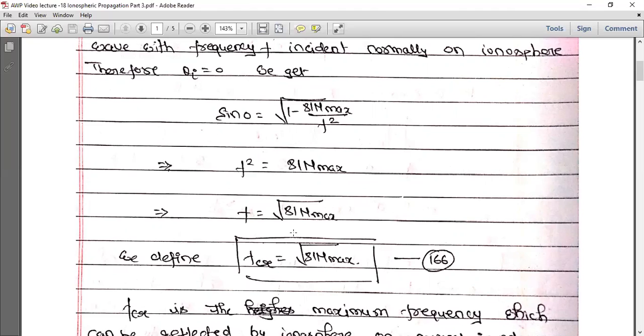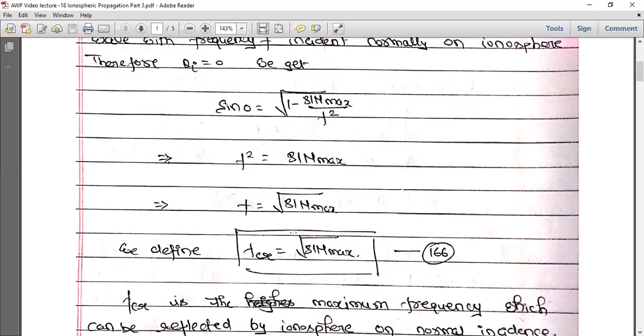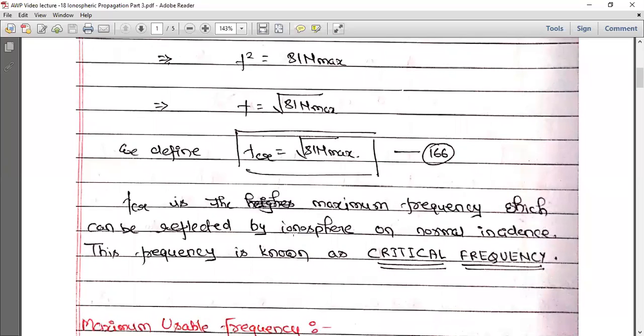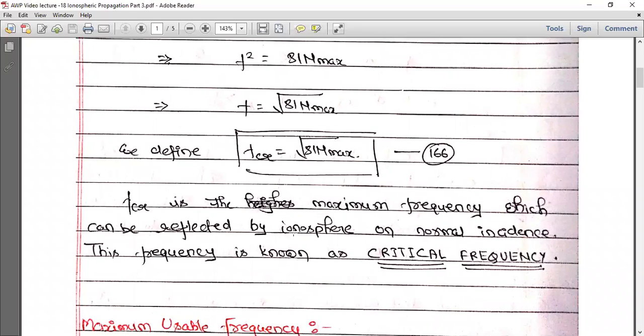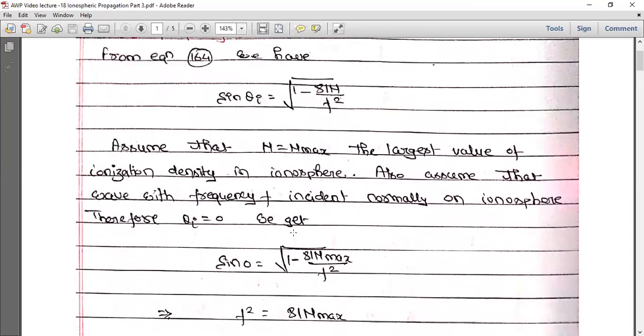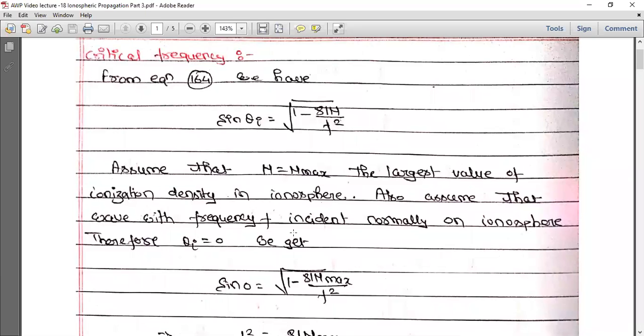This term critical frequency is very important, and many times numerical problems are asked for measuring this critical frequency. So how do we find the critical frequency? Using equation number 164 and the constraint that theta i should be equal to 0.